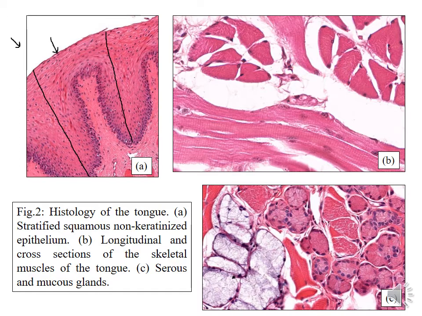Also, as you know, the tongue has muscles, and these muscles are skeletal muscles. So how do skeletal muscles appear? In a longitudinal section, like these, we see that first of all, we have nuclei at the periphery, as can be seen here.